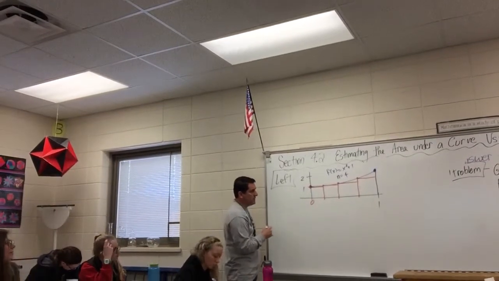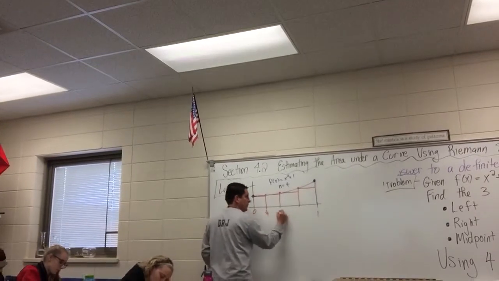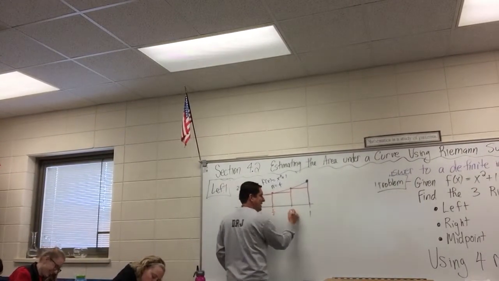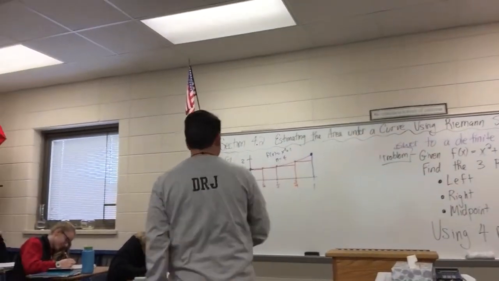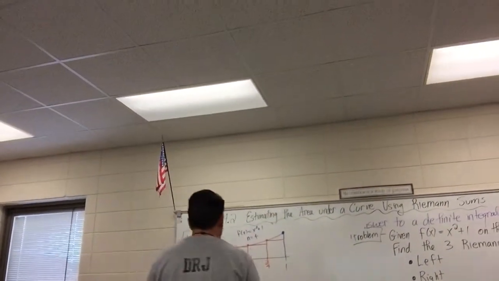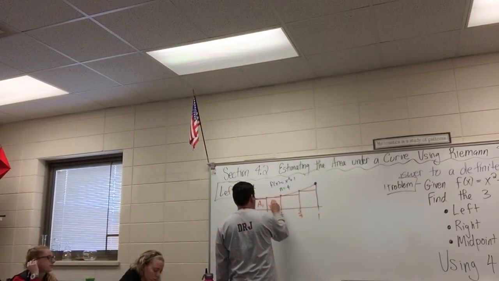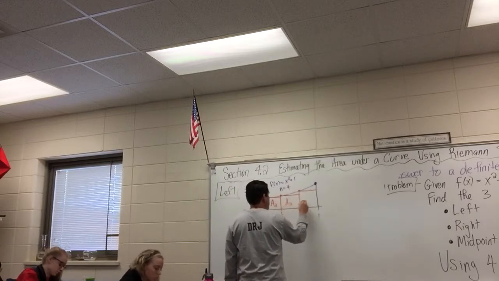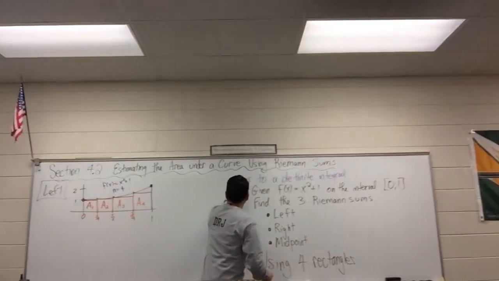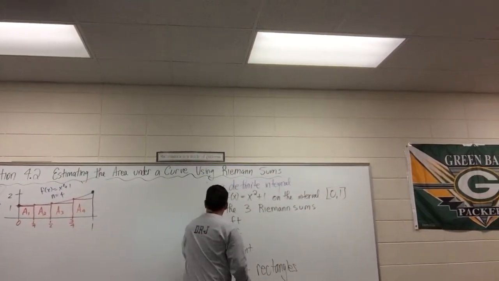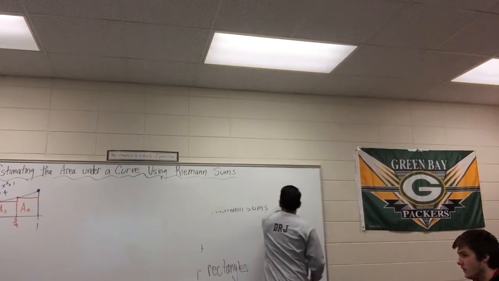So what are these markings? 1/4, 1/2, 3/4, and then a 1. I'm going to label these A with a subscript of 1, 2, 3, and 4.